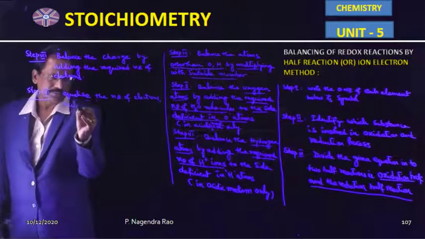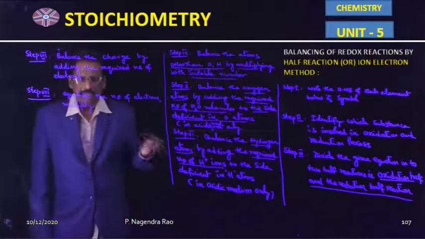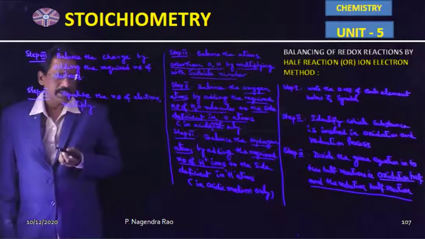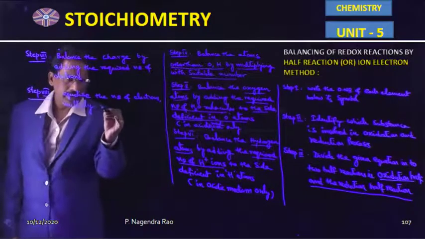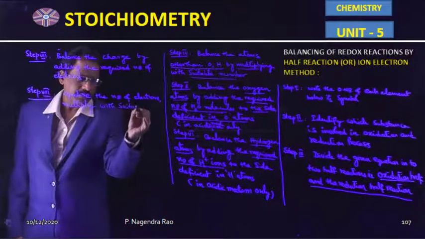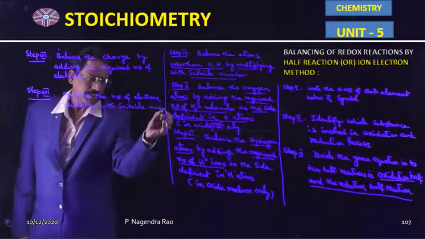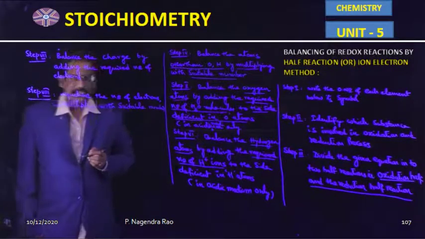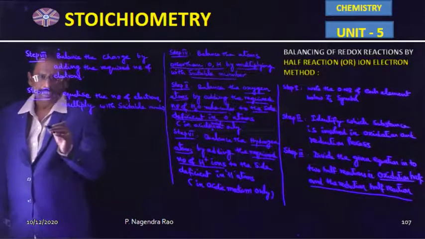If the electrons are different in the oxidation half reaction and reduction half reaction, first equalize them by multiplying with a suitable number.